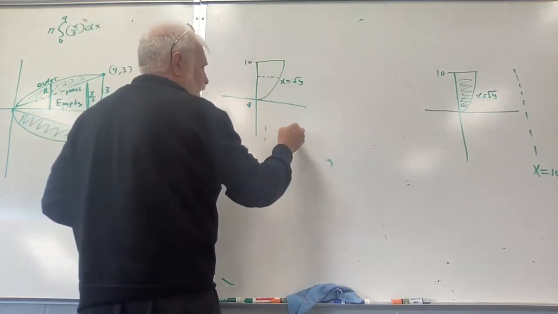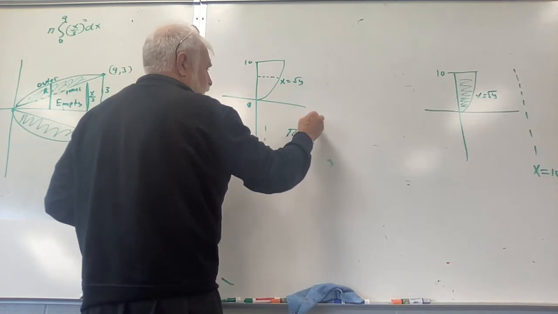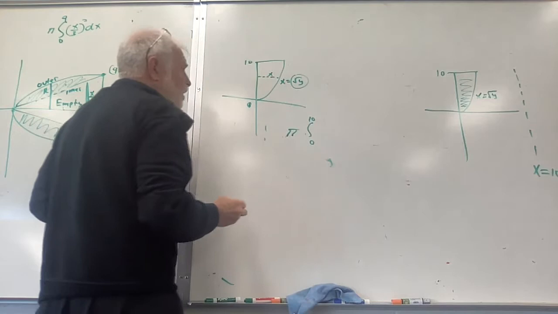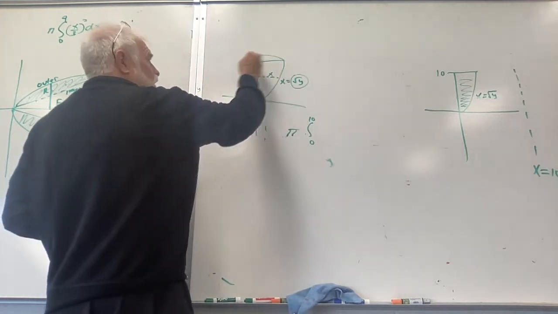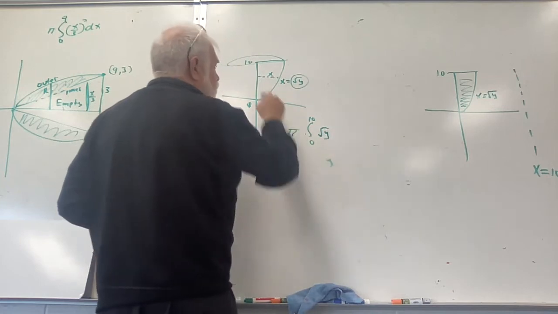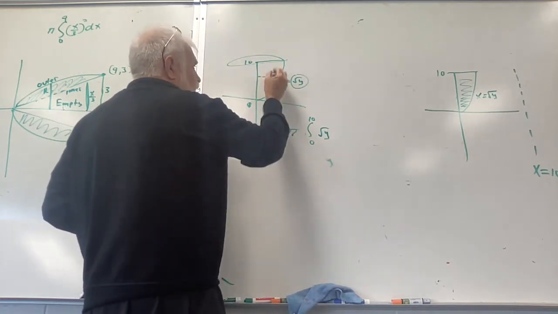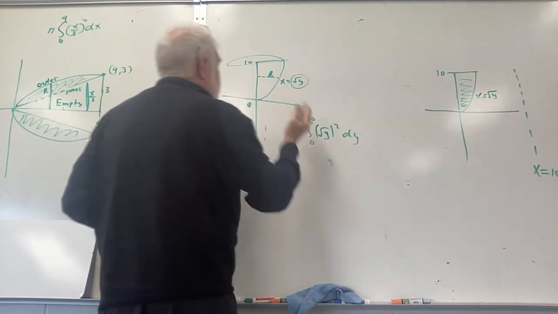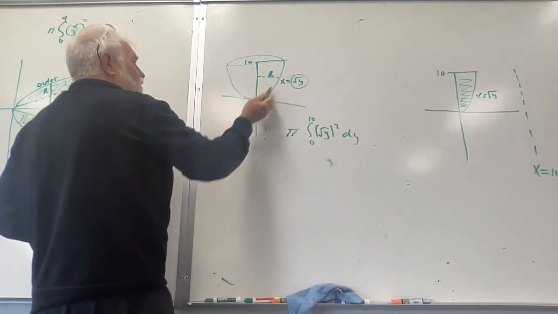So we're back to pi, 0 to 10. Those x distances come from this, but it's going to be pi r squared because we're going to get this circular rotation. So it's going to be the square root of y, which is that x distance, which we're thinking of as a radius. And we're going to square that dy. And that's going to get us another bowl.